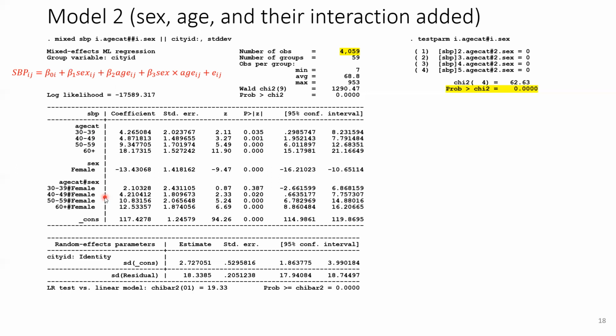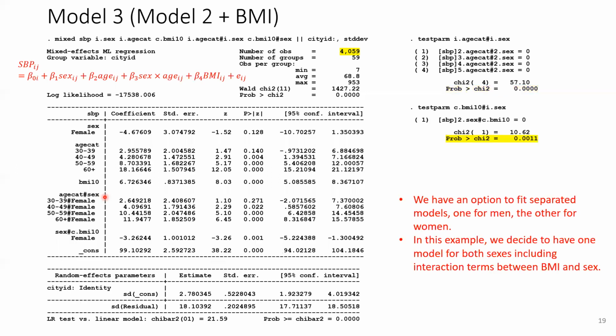So for this reason, I included age as categorical and BMI as numerical for presentation purposes. For BMI, sex is categorical and BMI is continuous. And for age and sex, both of them are categorical.